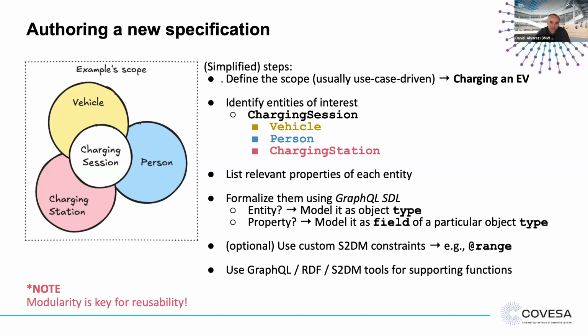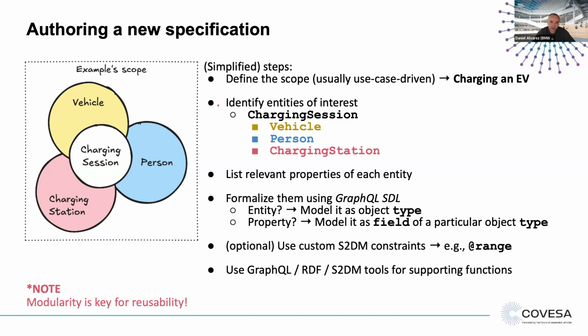And there are simple steps you can follow. This is not a deterministic methodology of modeling. There are different ways of working, but I think this is a simplified approach on how you can leverage this. First point is defining the scope. In the context of this example, we have charging session.